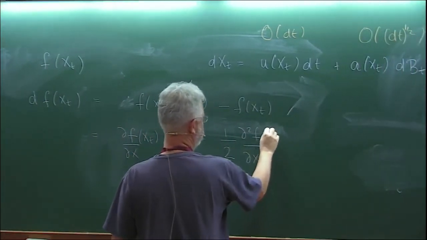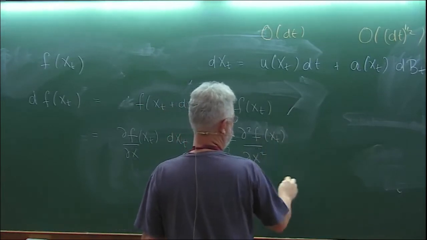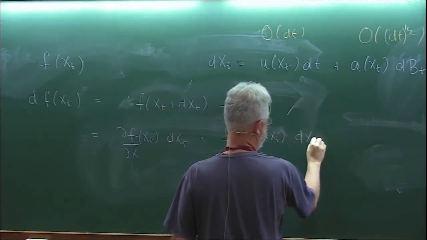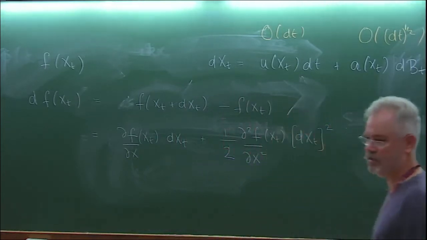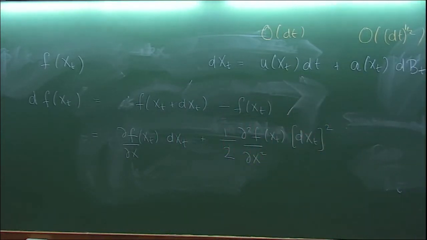So that's evaluated at x of t, and you have dx of t squared. Normally when you're doing differential calculus, dx of t squared never survives. It's always thrown away.